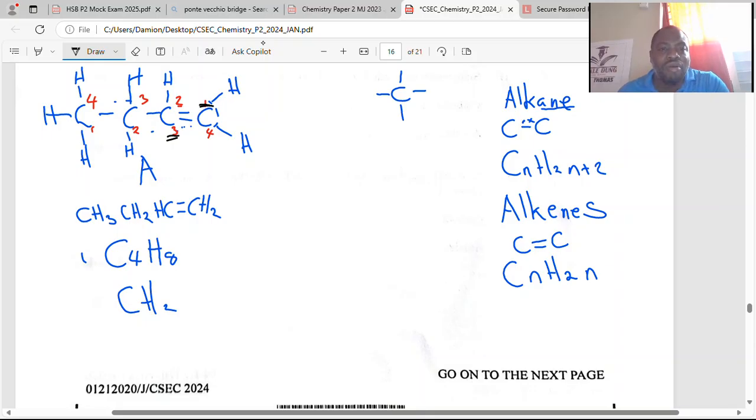So for this, we said we would have started, so we know that whatever the name, it's on the first carbon. We look at the amount of carbons in the longest chain, we're seeing 4. And so we know the prefix for 4 is but. It is an alkene, we established that, and so it should end with "ene."